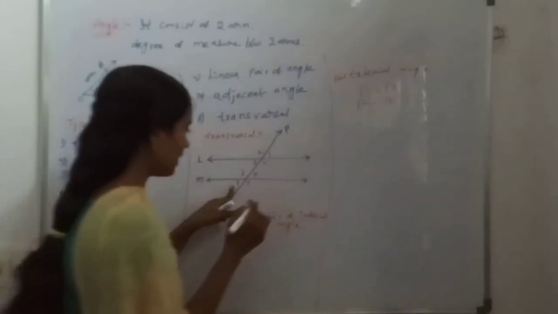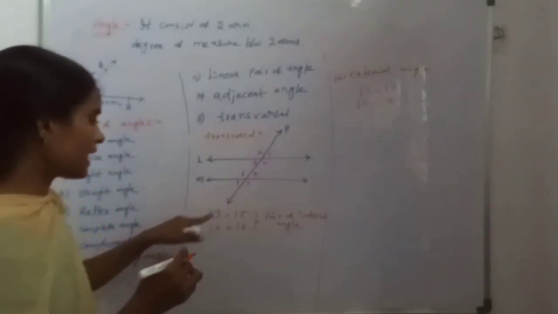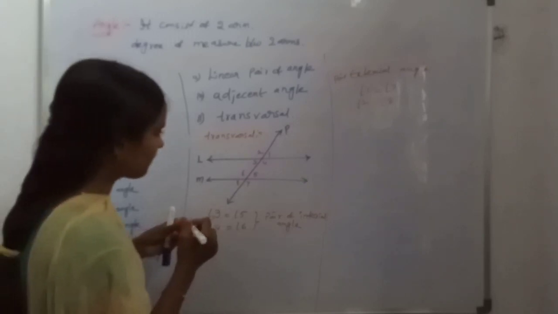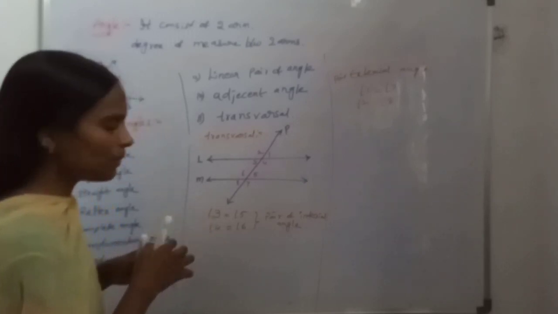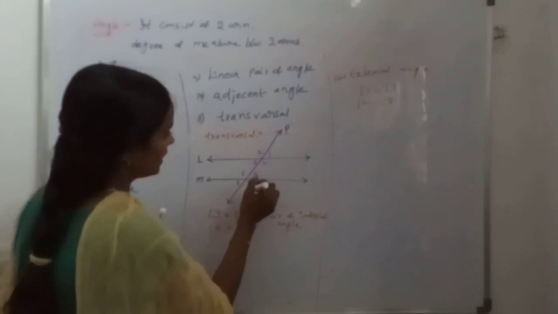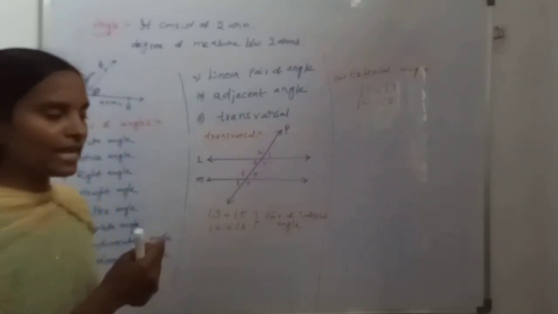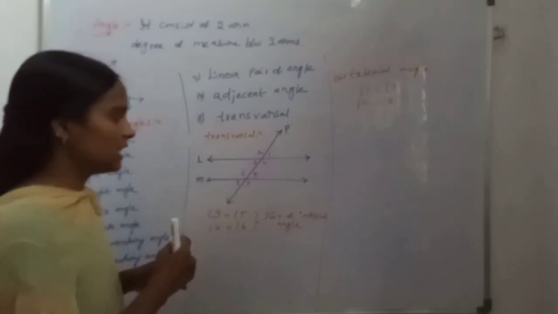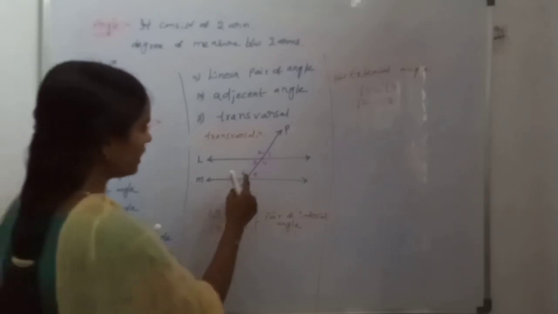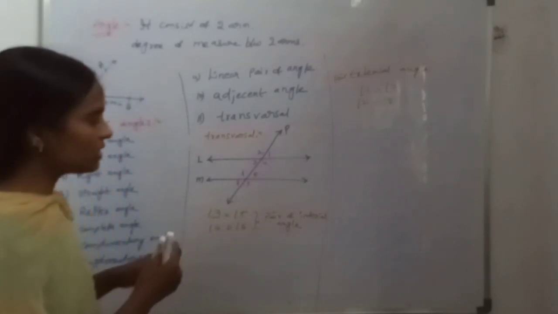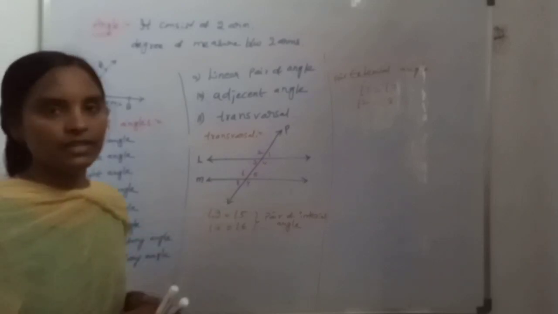These are the pairs of exterior angles. Now let's see complementary angles. What is this complementary angle? Angle 4 and angle 6. Angle 2 and angle 8. This is the complementary angle. Thank you.